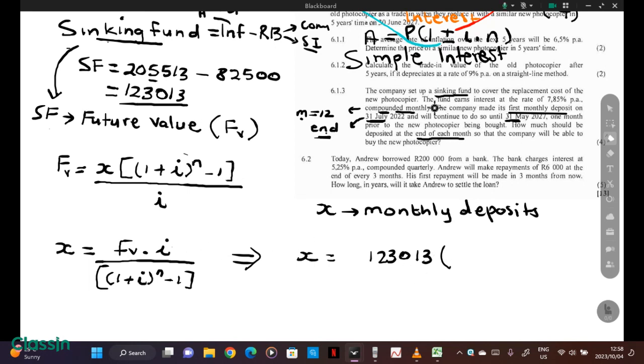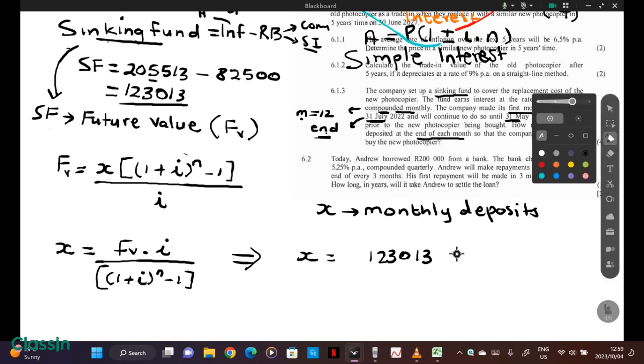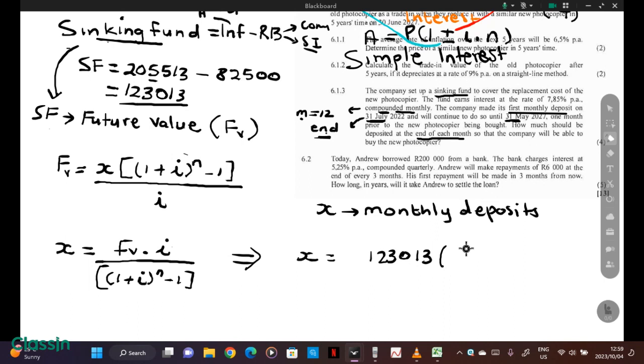The rate of the sinking fund is, remember we're only looking for i, not 1 plus i. Because you're looking only for i, we are going to write 7.85 over 100 multiplied by 12.